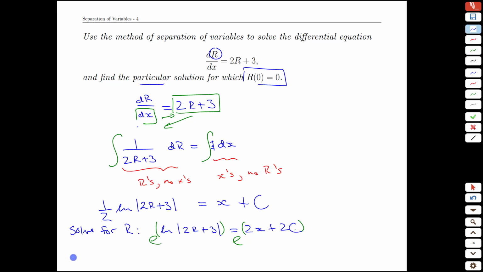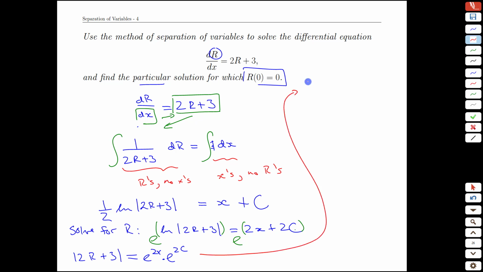The e's and the ln's cancel. We end up with |2r plus 3| equals e to the 2x, and it's adding in the exponent, be very careful about that. That's the same as multiplying on the main line, so times e to the 2c.